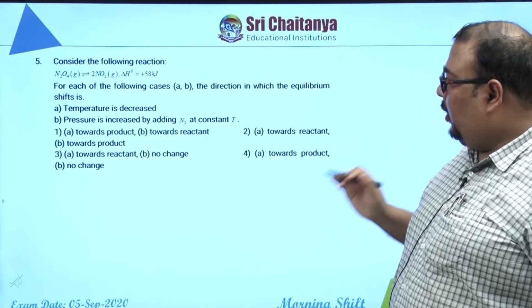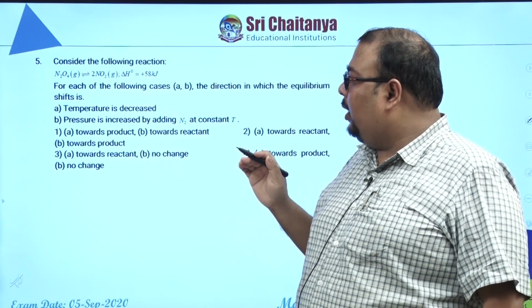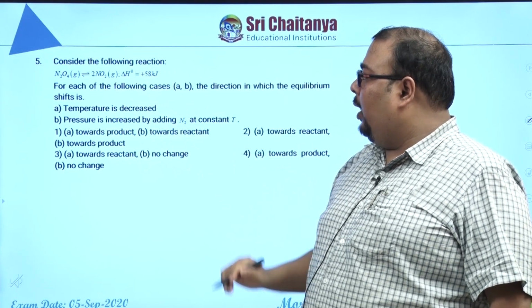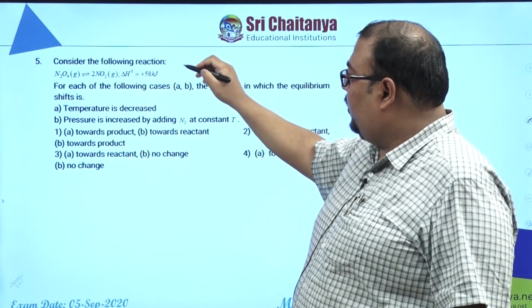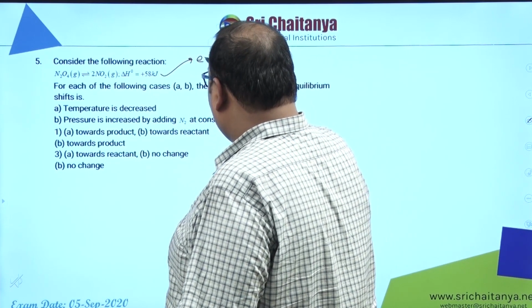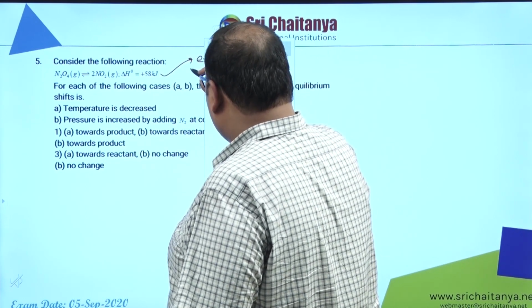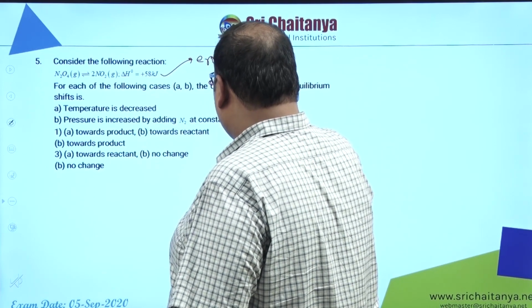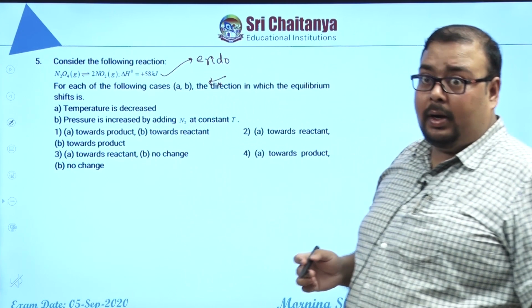Okay, now in question number 5, they are considering an equilibrium reaction where N2O4 is giving 2NO2 and delta H is positive. This means that this is an endothermic reaction in forward direction.